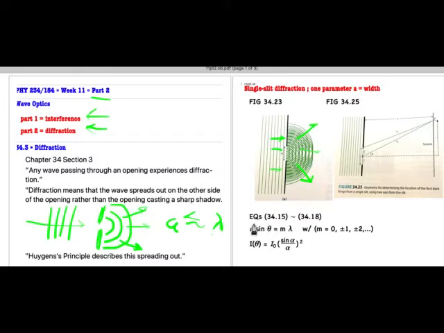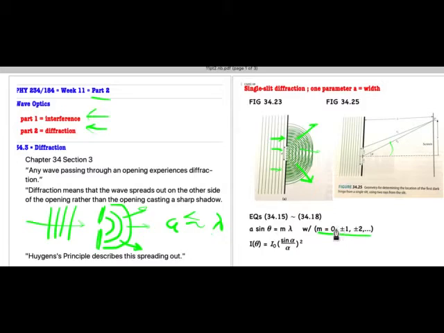Equation 15 says that the first dark fringe, the first region where destructive interference occurs, so that the intensity is 0, occurs at this angle theta, where a sine theta is m lambda, and m is an integer.